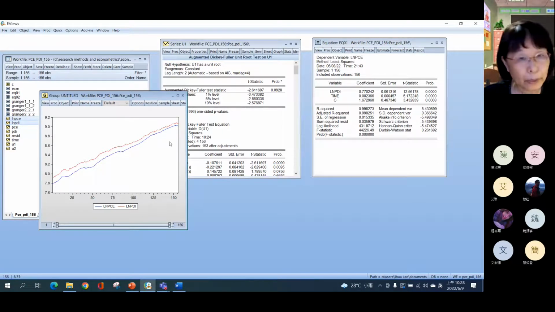So they keep pace with each other. And in economics, if two variables are co-integrated, then we say that they have a long-run or equilibrium relationship between them.